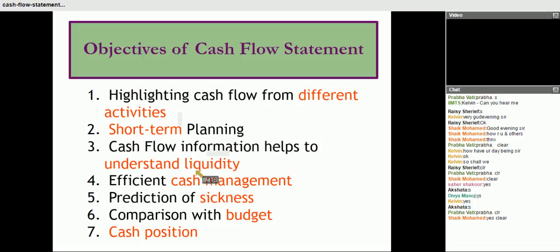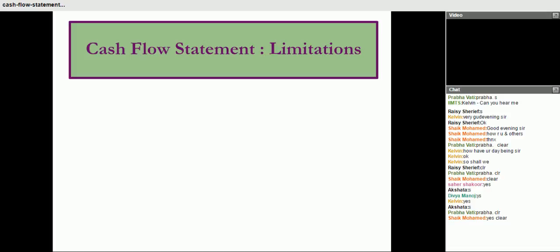So with the help of this cash flow statement, we can understand how much money does the organization have with them. Liquidity means money available in cash. Efficient cash management, right? So it makes the management of the money very easy. Prediction of sickness, comparison with budget, cash position. What is the exact position of money available with the organization?